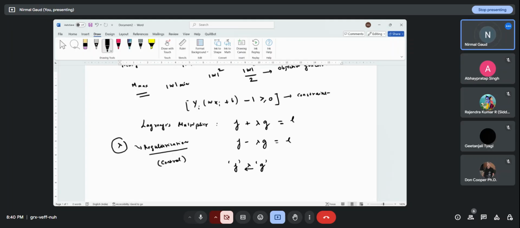Okay. And it is being called as a slope. Lambda is a slope of the constraint surface at the point of the tangent to the surfaces.